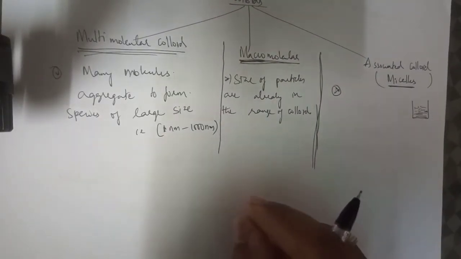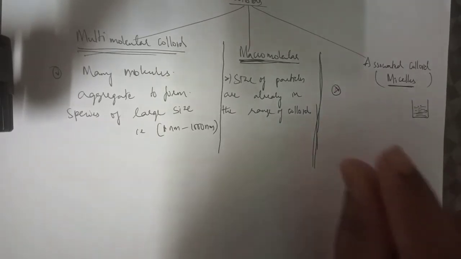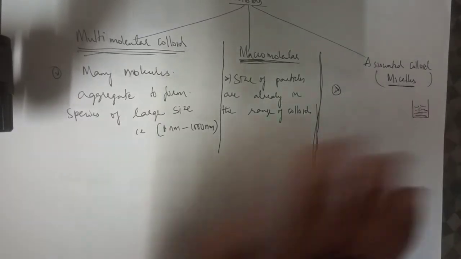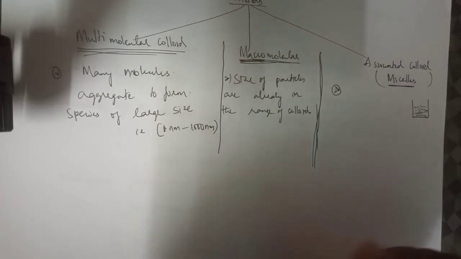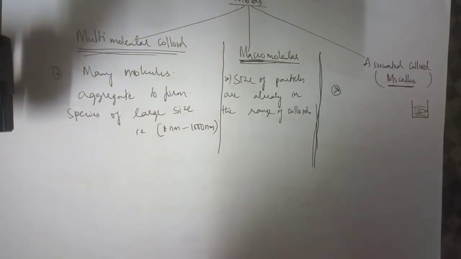So that depends upon the concentration. If the concentration of the solute particles is very small, then we don't find any colloid formation. If the concentration of the dispersed phase particles is high, then we say that an associated colloid is formed. Are you understanding?